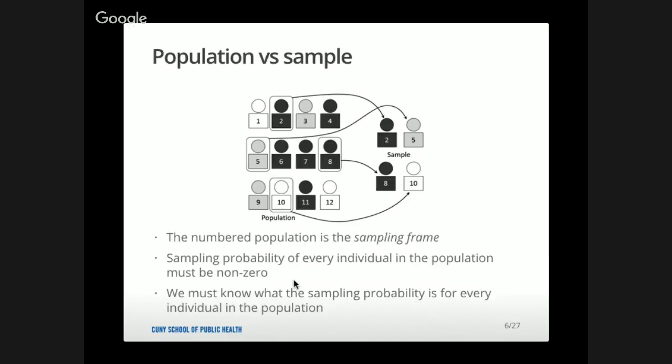And I'll talk a little more about this, but this introduces what we call selection bias. And finally, we must know what the sampling probability is for every individual in the population. We must be able to write down what that probability is. It doesn't have to be equal, but we have to know what the probability is.